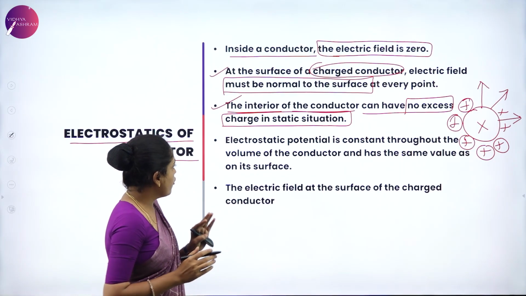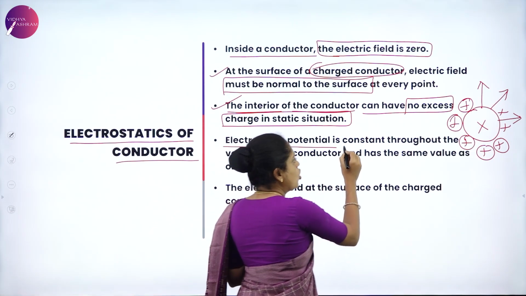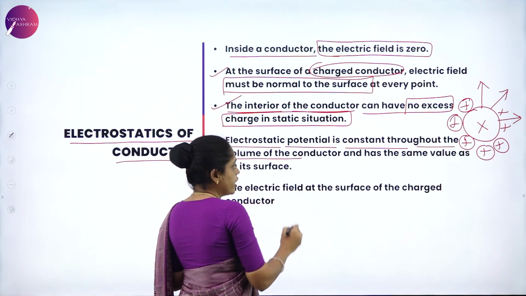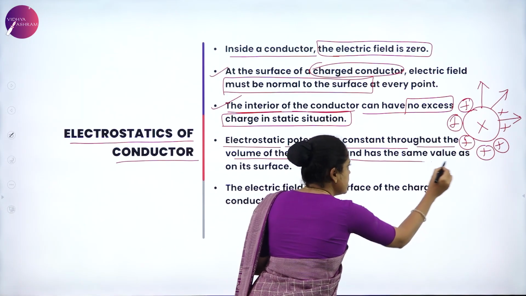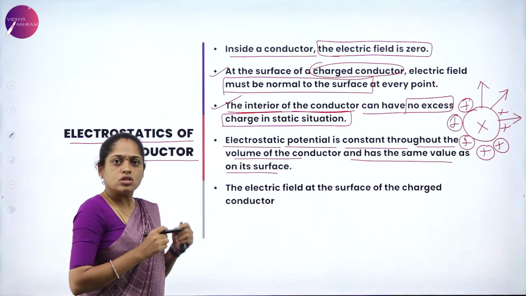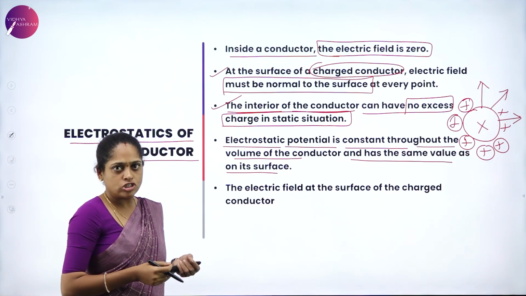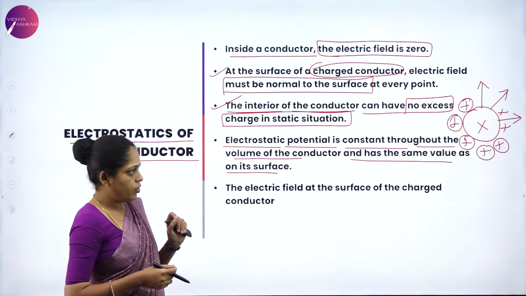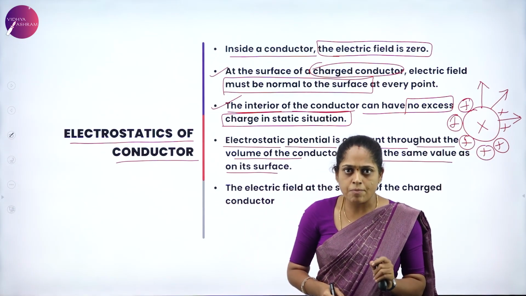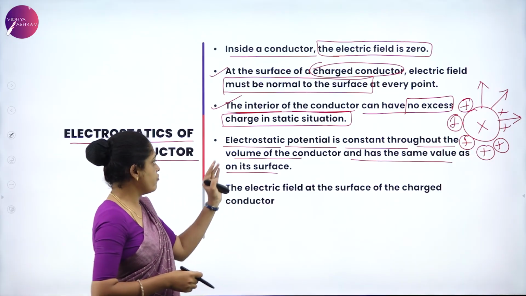Now the next point is, electrostatic potential is a constant throughout the volume of the conductor and has the same value as on its surface. So this we have taken as an example for the equipotential surface. What is an equipotential surface? The surface having the same potential value at all the points. That is the fourth point.